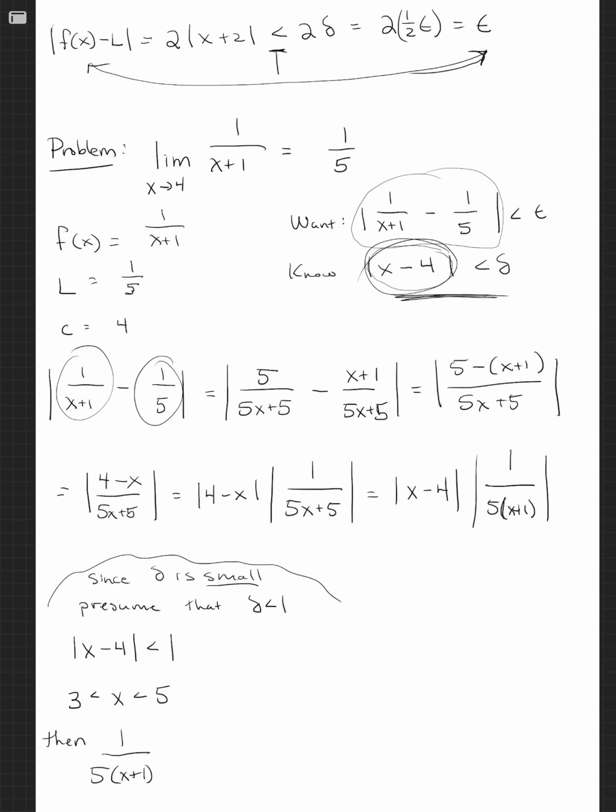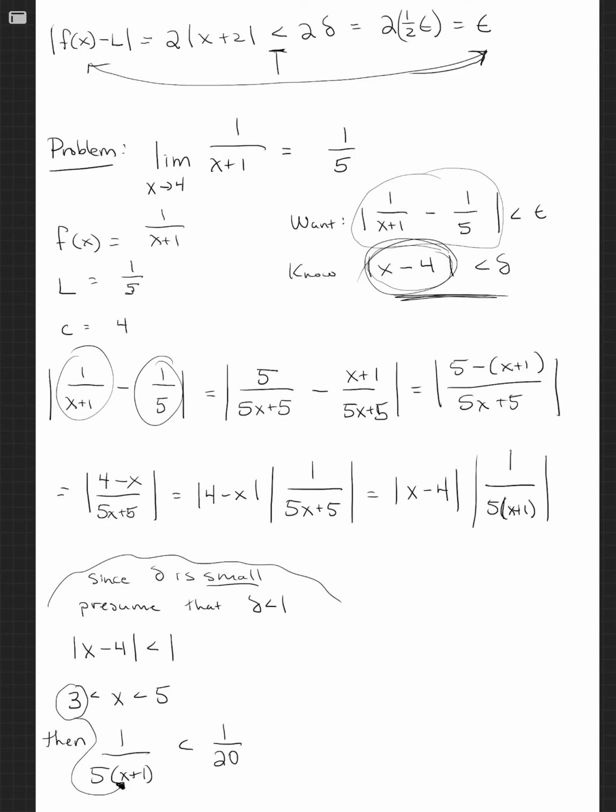And if that's the case, then 1 over 5 times x plus 1 is going to be, at biggest, 1/20th. Right? Because fractions are bigger the smaller their denominator is.